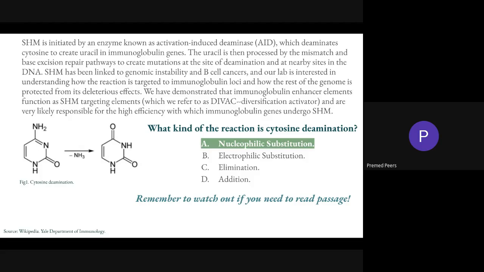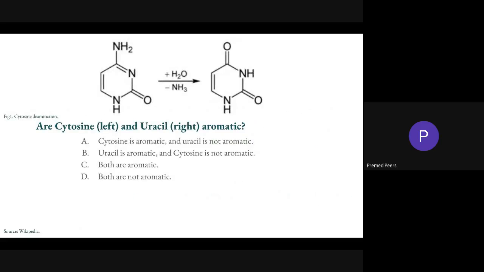Something is probably attacking the carbon that is bonded to the amine group, and then that amine is able to leave, right? And what is going to be attacking is likely to be something with the oxygen. It happened that in this case, it is the water.